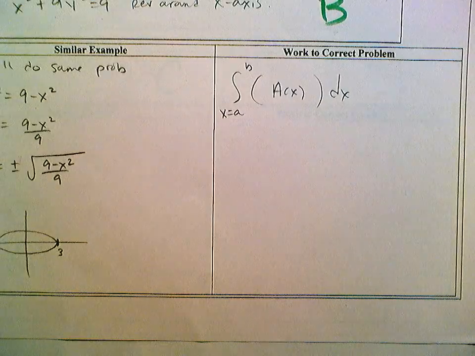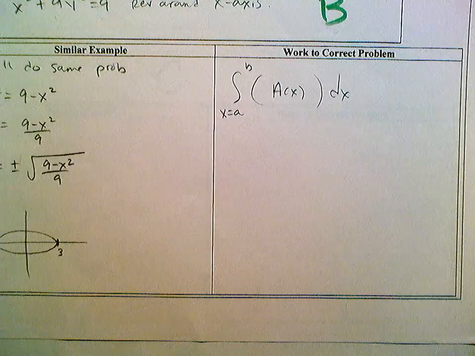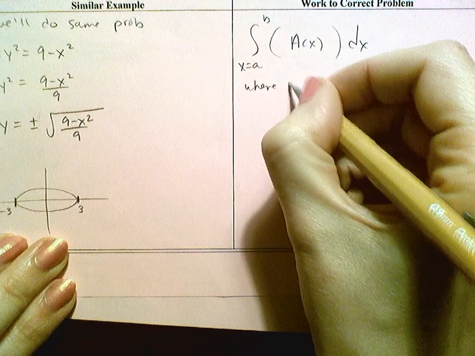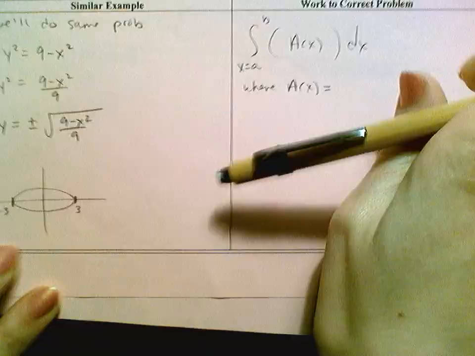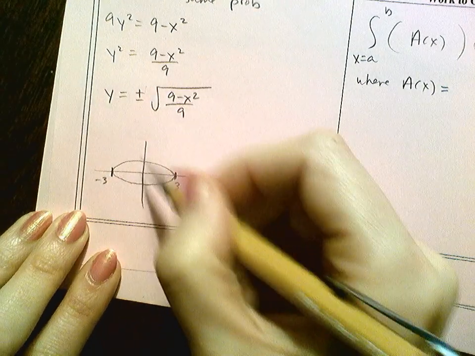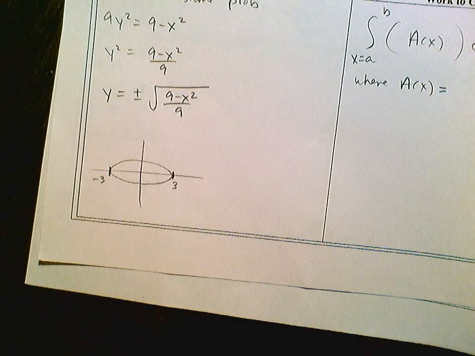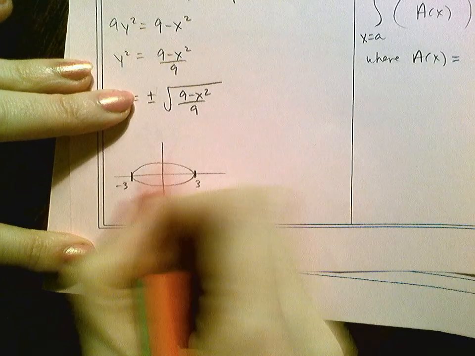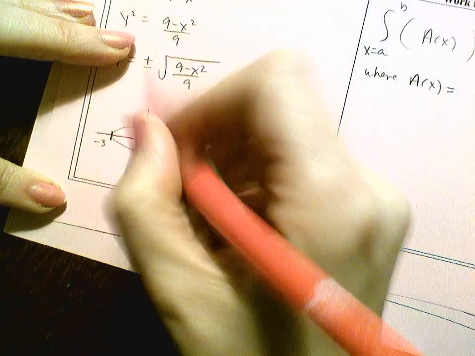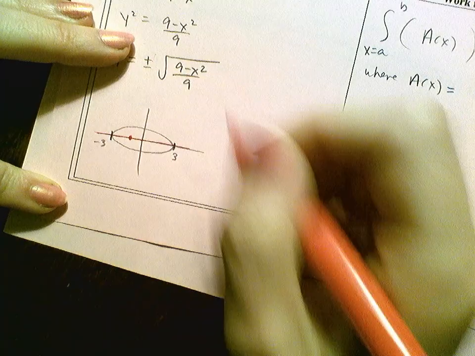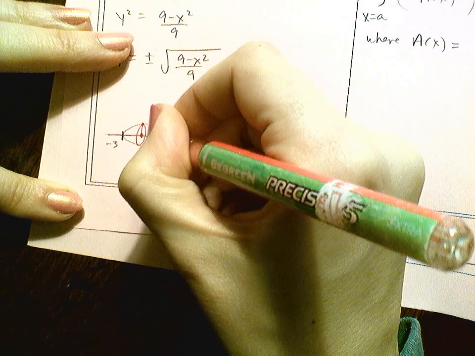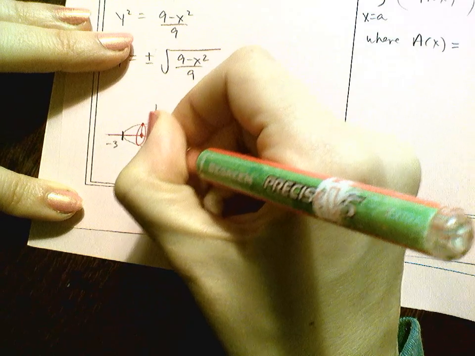So in there is going to go the area of a cross section, let's say A of x equals. Now in this case, guys, since I'm revolving around the x-axis, the x-axis is where the centers of the revolution are. So like here is a cross section from here all the way up and then revolved around, from here all the way up revolved around.